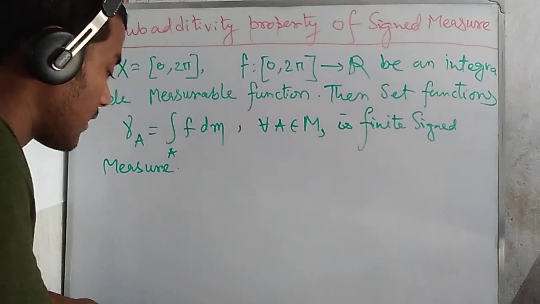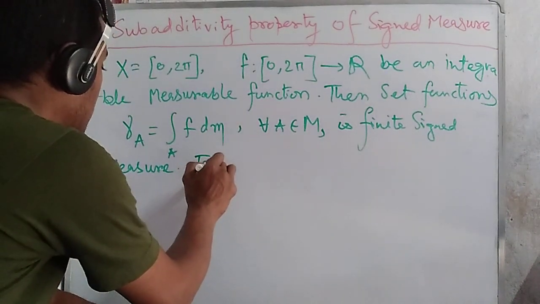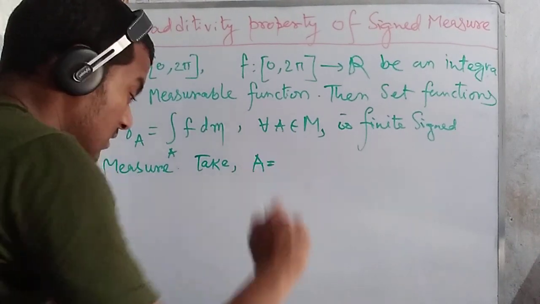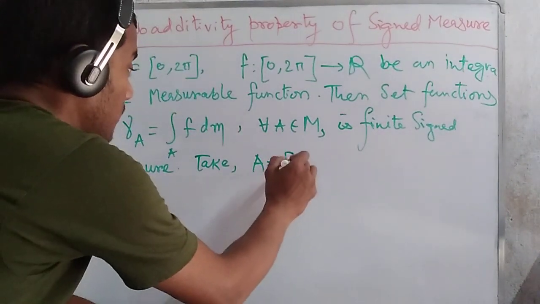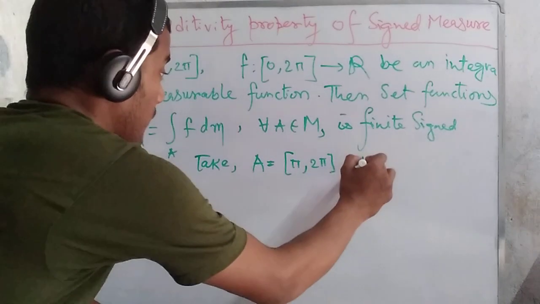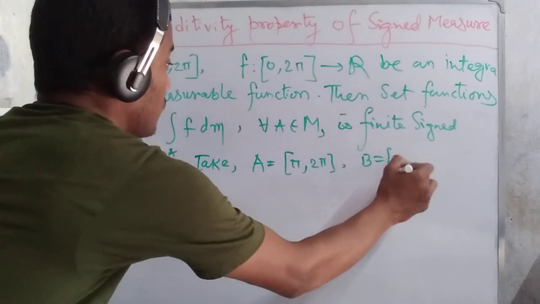Now we write it here. Take a equal to pi to 2 pi. B equal to 0 to 2 pi.